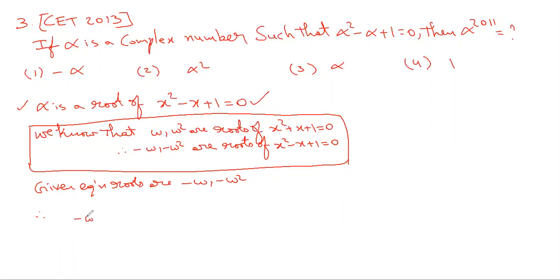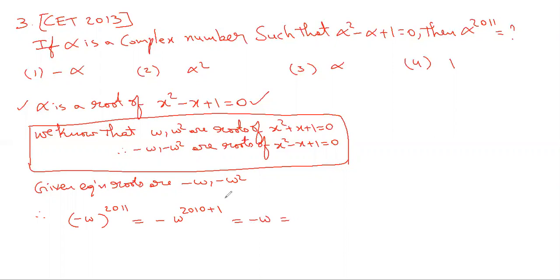Therefore, minus omega, the whole power 2011, goes to minus omega power 2011, which is 2010 plus 1. 2010 is a multiple of 3, so we get minus omega.